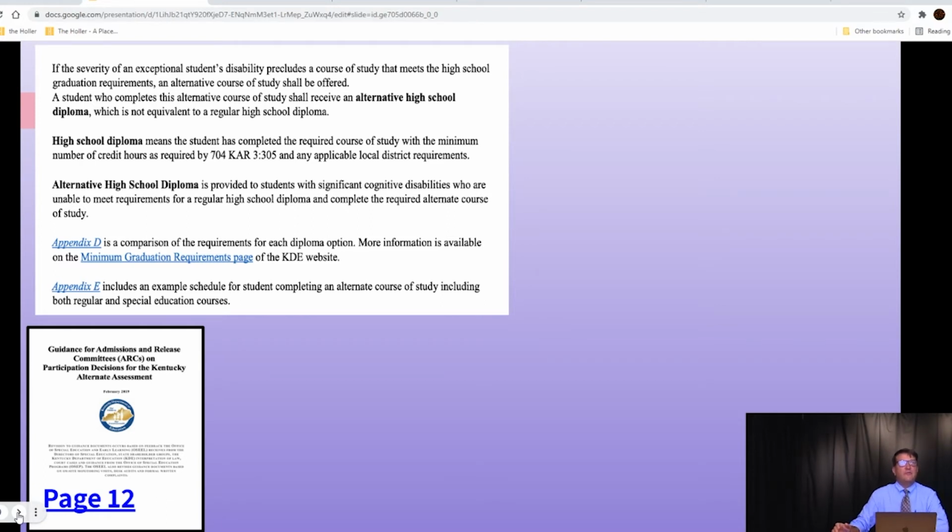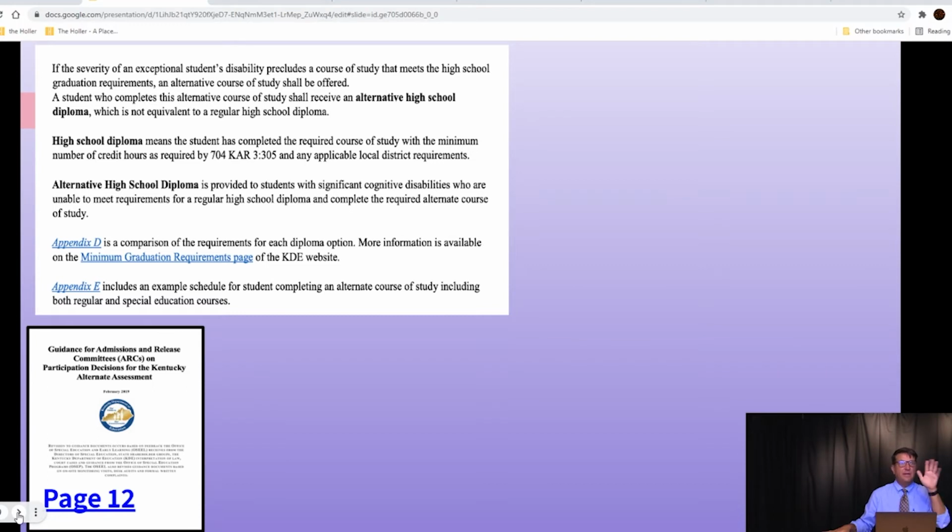If the severity of an exceptional student's disability precludes a course of study that meets the high school graduation requirements, we then have to document that the parents understand the difference between the two, and then we point them to the minimum graduation requirements in Appendix D on the KDE's website, here, for the description on the alternate assessment.